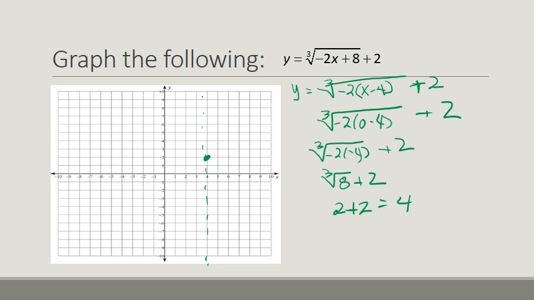So I'm going to go over to 0 and up to 4. Okay, and because it's symmetric, I can go down 4, or down 2 and over 4 from there. And that will give me my graph. So I'm going to get that little snake curvy thingy that looks like that.